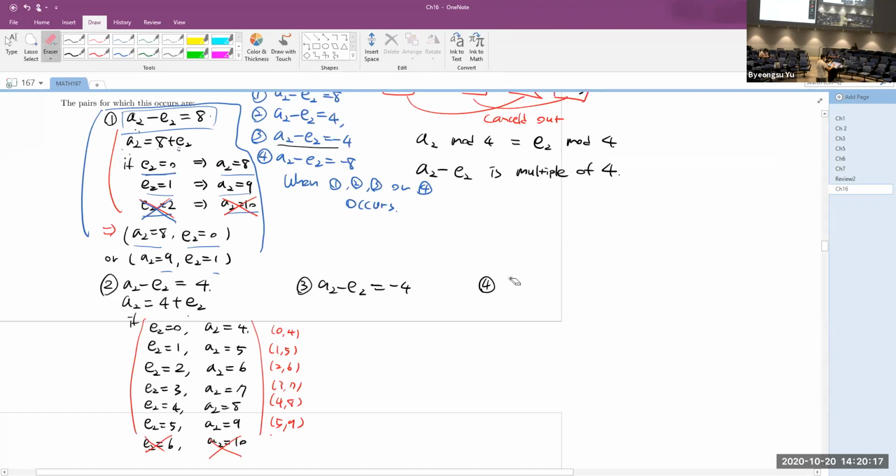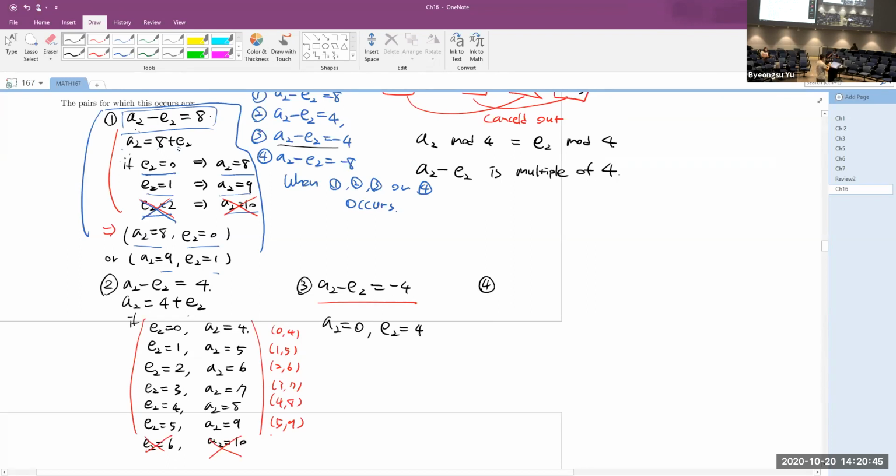Yeah, but in case of number 3 and number 4, instead of doing this again, you can use a trick: just swap the numbers between A2 and E2. For example, in this case, if you put A2 as 0 and E2 as 4, then you get -4, right?